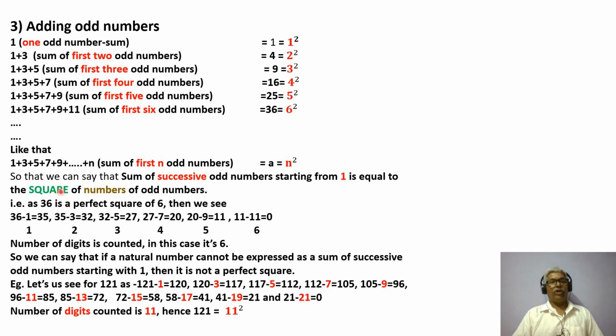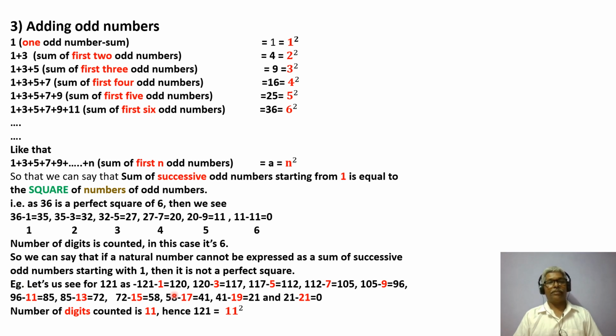If a number can be expressed as a sum of odd numbers, then it is a perfect square. But a number like 122 or 125 is not such a sum of odd numbers, so it cannot be a square. I have solved some such problem somewhere in some other video. You will come across it as you go ahead.